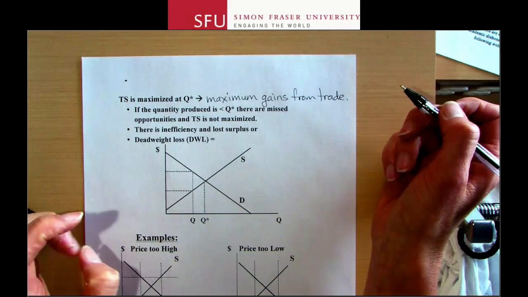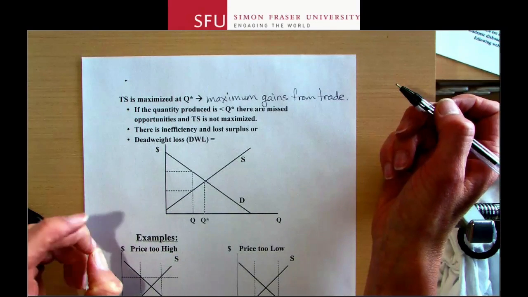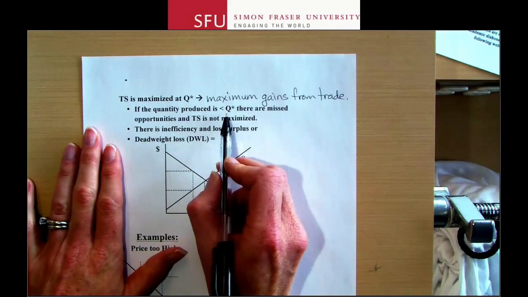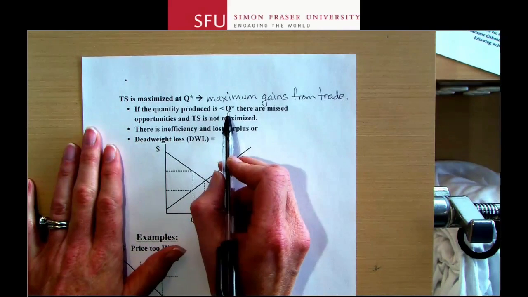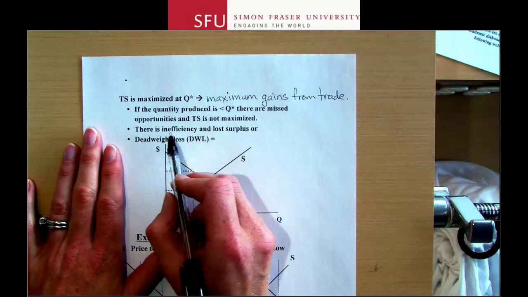If, for some reason, people are not buying and selling all of those units, so if the quantity produced is less than Q star for some reason, then that means people are missing out on opportunities to benefit from buying and selling units. And so that would be inefficient then.